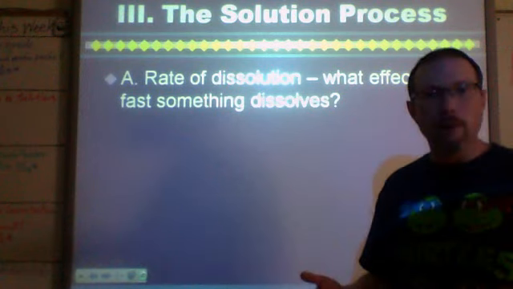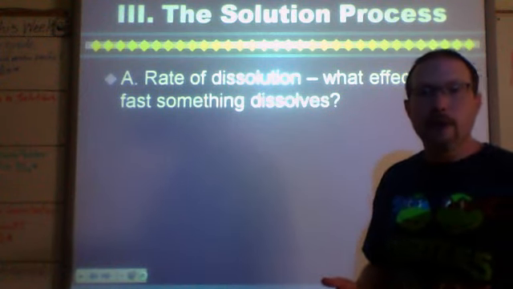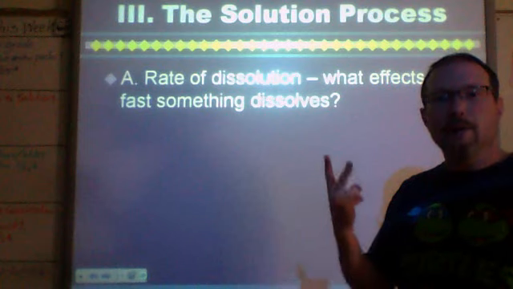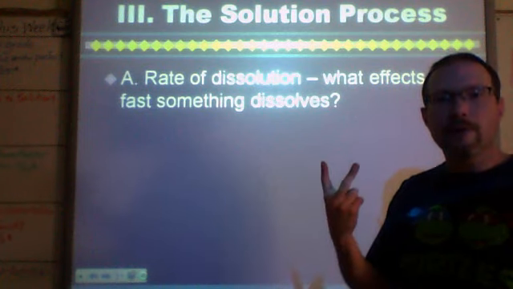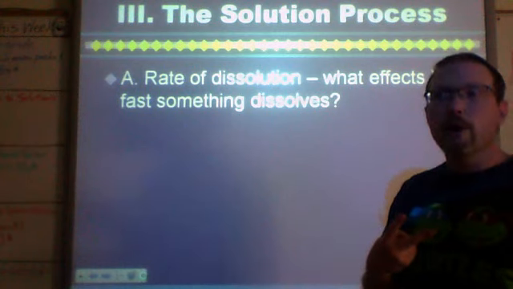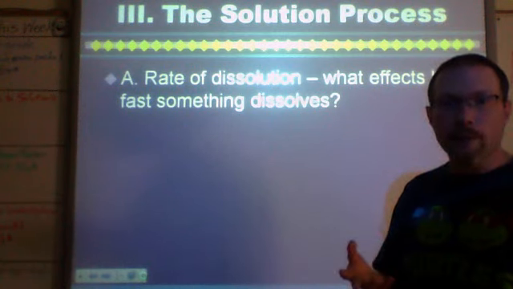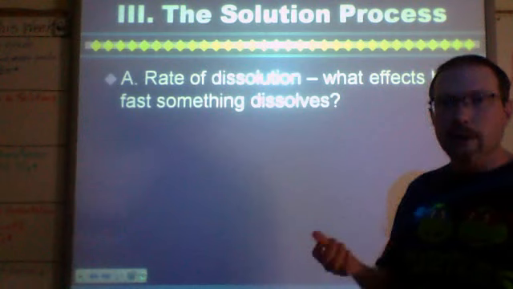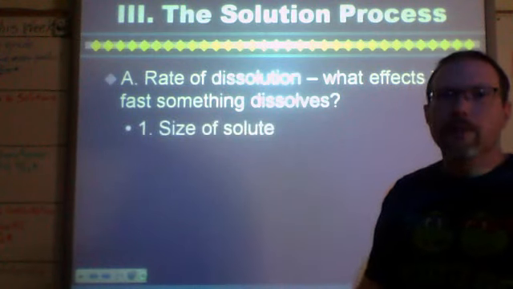You come in contact with them all the time. I tell my students all the time, if you keep in mind two things that you drink, one of them is tea and the other one is soda or Coke, then you know pretty much everything you need to know about solubility. But we'll get there when we get there.